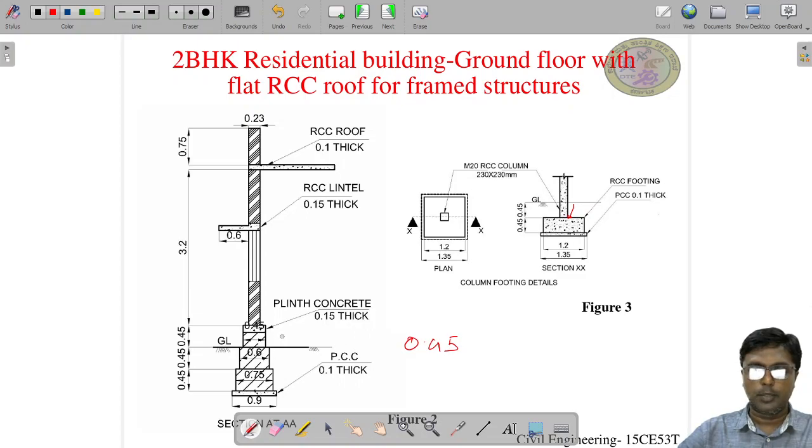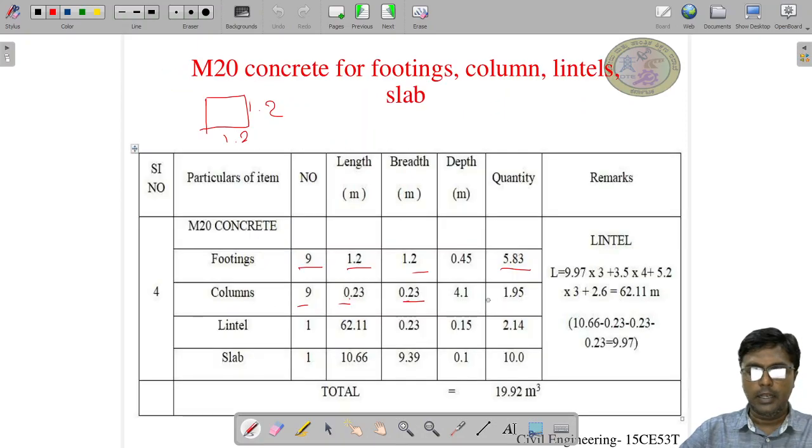So 0.45 below the ground level plus 0.45 for the basement plus 3.2, which is the floor to roof height, will finally become 4.1 meter, which is nothing but the height of the column, which will give us a quantity of 1.95 meter cube.